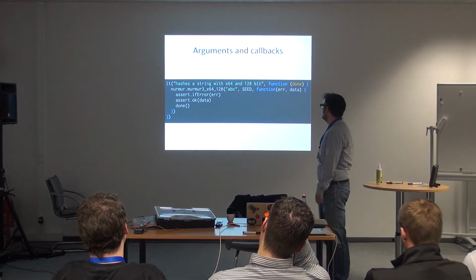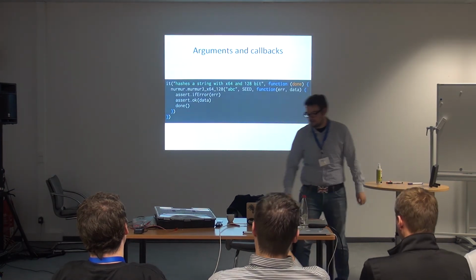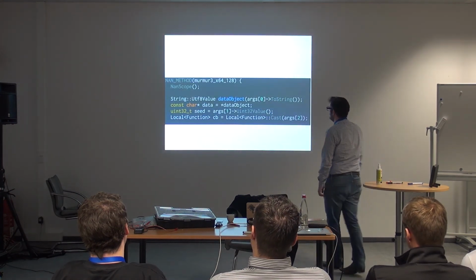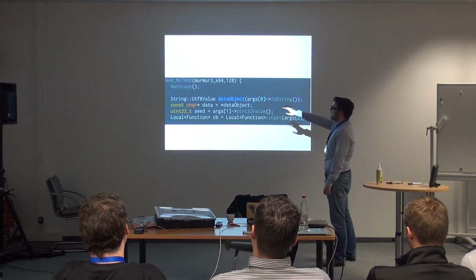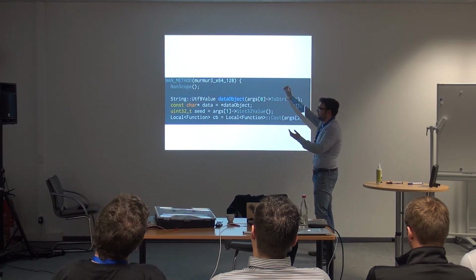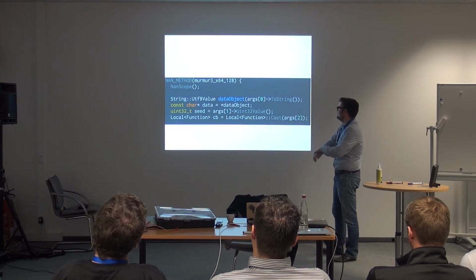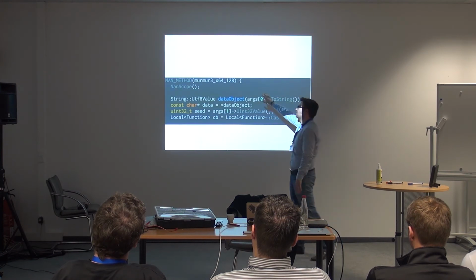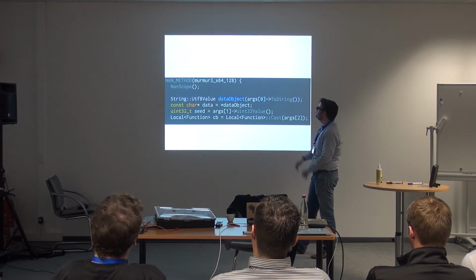Because we are in Node, we want to use that asynchronously, so we have a callback. At this point, NAN_METHOD is the new form of how you define a method, because that's also changed in 0.11, but you can just think of it as a C method.